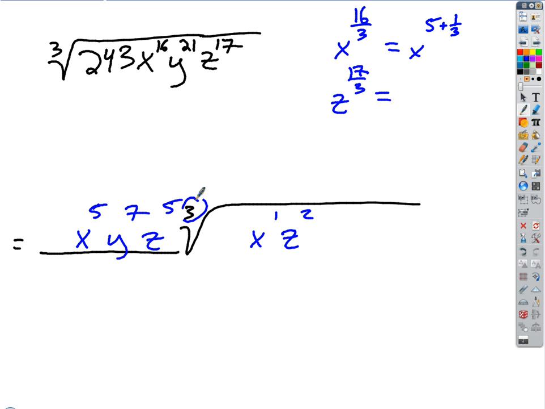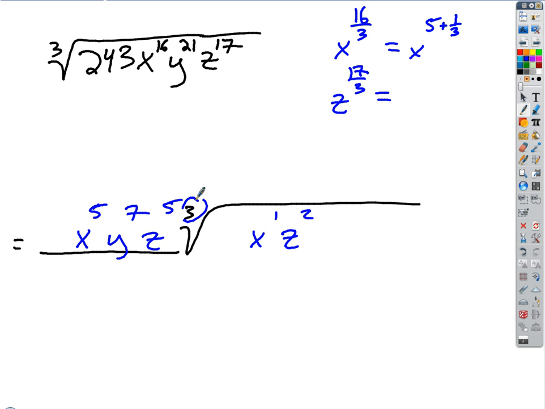Now the ugly part. Really the worst part is the number. So we've got to simplify the cube root of 243. Let's try to be a little more efficient and see if we can break it down into a base to a big power times something else. Well, 243 is 3 to what? What's 3 to the 4th?